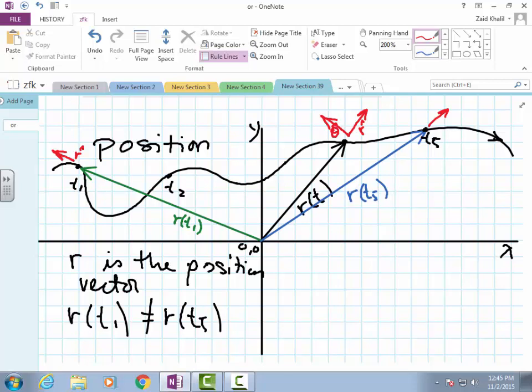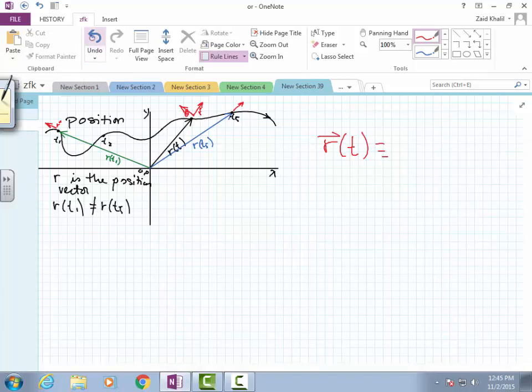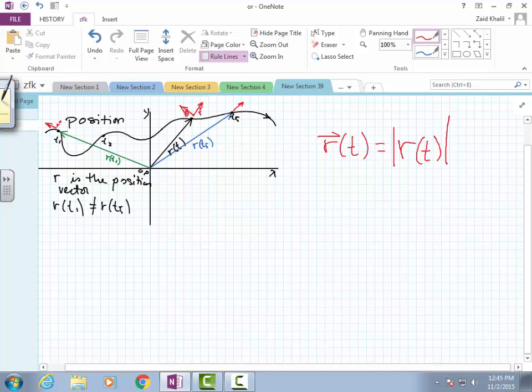For right now, what I want to do is express the position vector. To describe the position vector, r of t, it's simply equal to, it's not exactly defined, but it's equal to the magnitude of r of t in what direction?